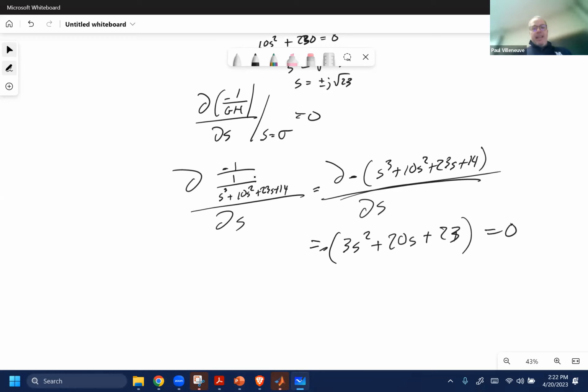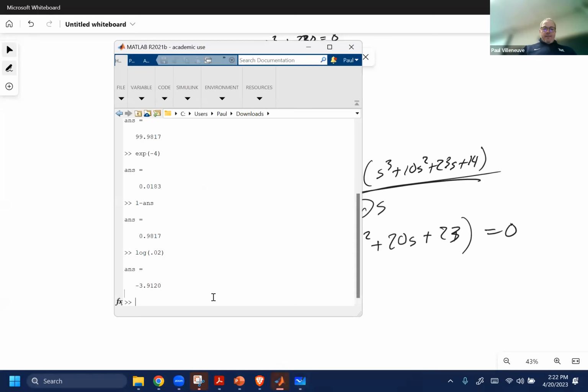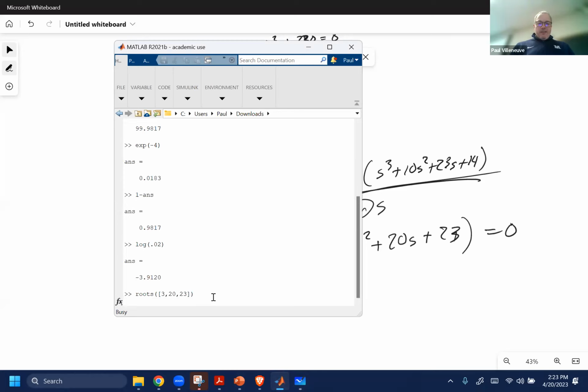So let's plug that into MATLAB and solve for the roots of this equation. Roots of 3, 20, 23. And I have minus 5.19 and minus 1.48.